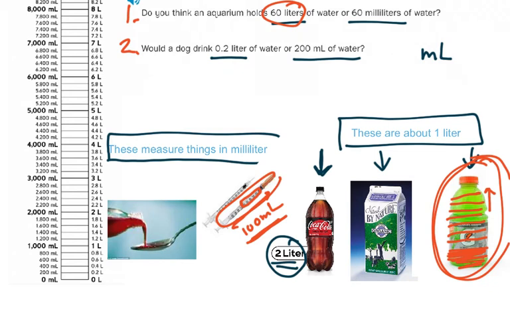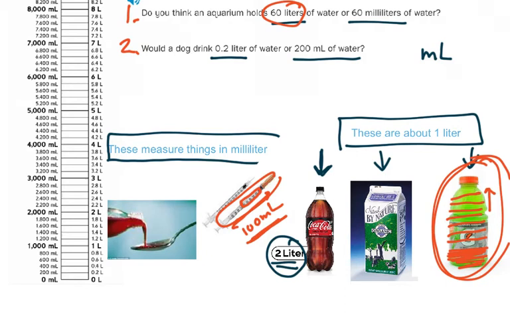Well, let's look over at the side for a minute. 200 milliliters is the same as 2/10 of a liter. So they tried to trick you on that one. They are the same. So that's what we're going to talk about today, milliliters and liters.